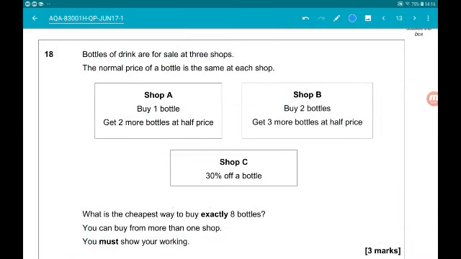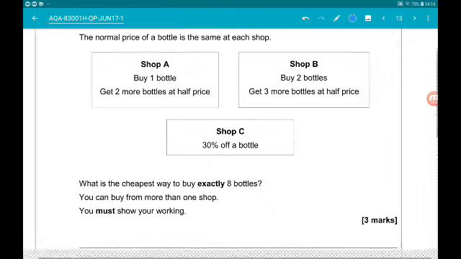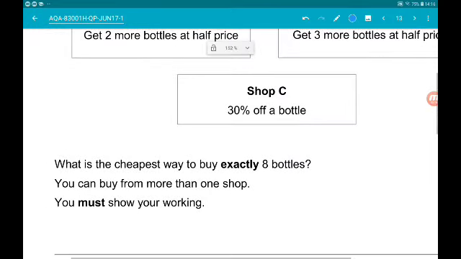In question 18 we have Best Buy. So, bottles of drink are on sale at 3 shops. The normal price of a bottle at each shop is the same. We got 3 different offers. We were asked what is the cheapest way of buying exactly 8 bottles.